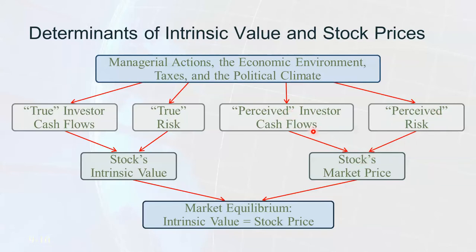So what kind of cash flows and what type of risk are expected by the investors. On the other hand, intrinsic value comes from true investor cash flows and true risk. So this is the main distinction between intrinsic value and current stock price. But in equilibrium they must be the same. If they are not the same, then we have an undervalued or overvalued situation.